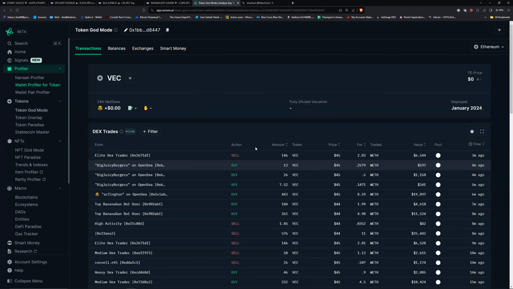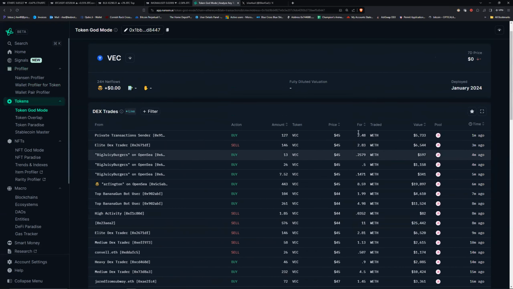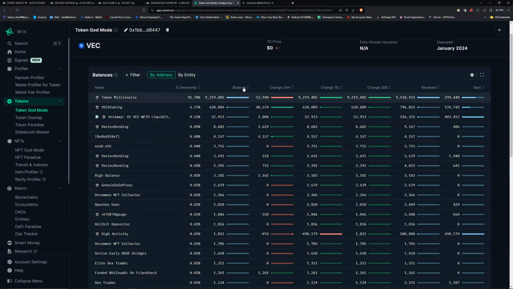Of that one, VEC, Vector. So clearly there's definitely some interest in this. Let's see who holds most of this. It shows a token millionaire holds a lot of it, but it's just a market maker, liquidity provider. Anytime it has this little robot here, that's what that means.